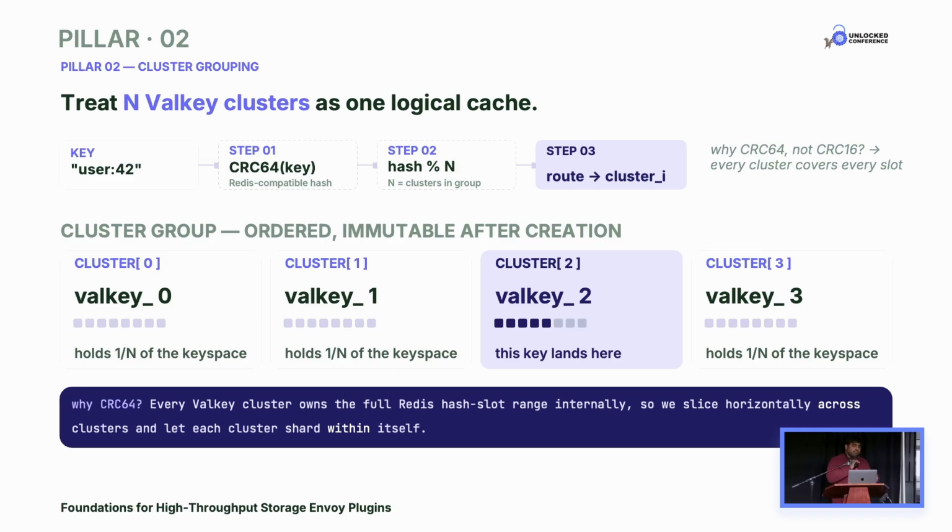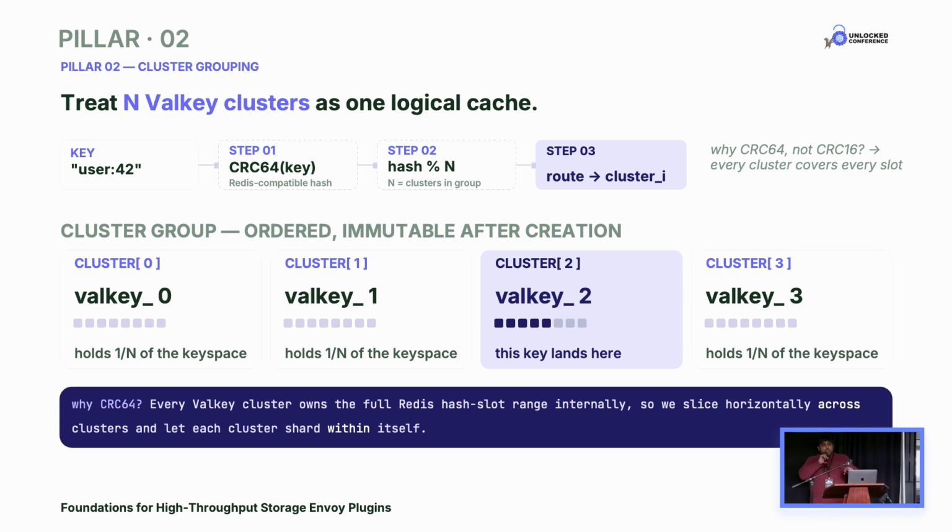It's basically horizontal sharding. And we use CRC64 here and not CRC16, because CRC16 is what the Redis Envoy proxy library internally uses to shard a key across the slots. Since we are in a layer above it, we use CRC64 to uniformly distribute the key space across the clusters.